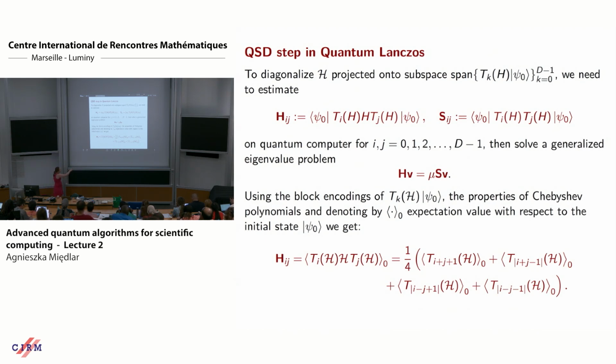These objects that we will actually need boil down to looking at the expectation value of the evaluation of a certain Chebyshev polynomial. So here you have the Chebyshev polynomial i plus j plus 1, the expectation value.